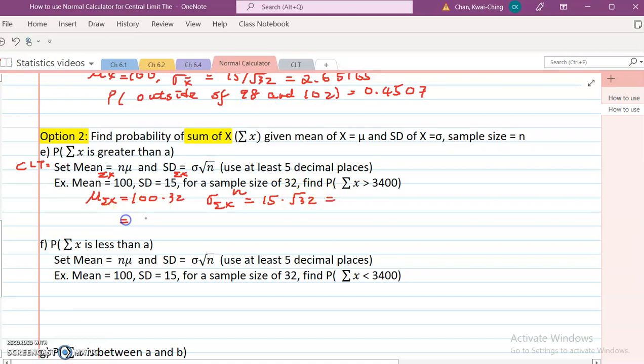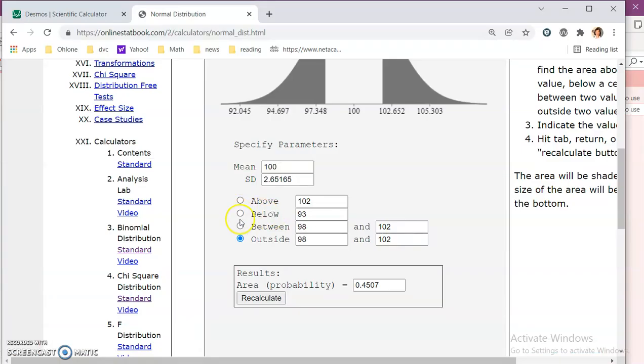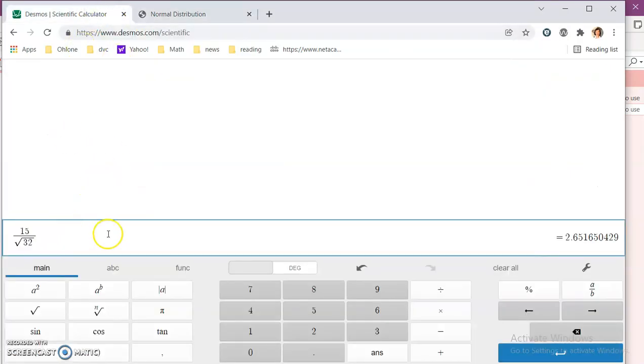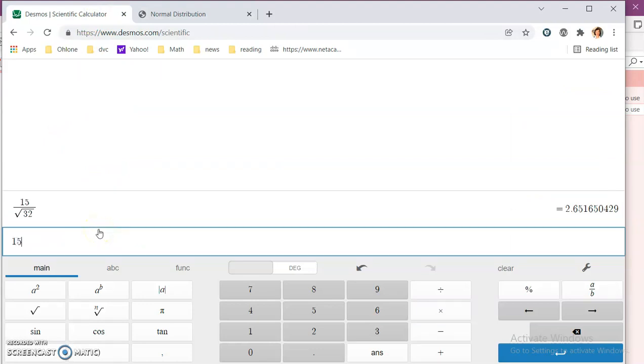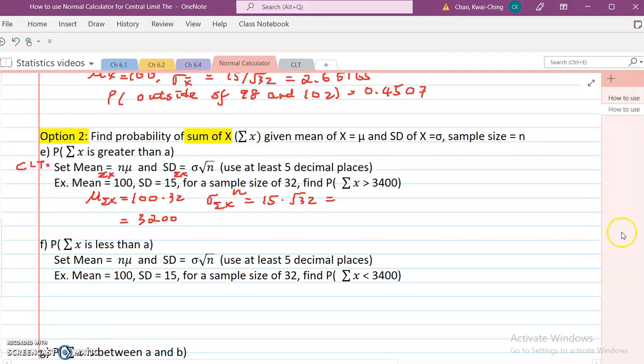So what is this? We have to calculate this. The first one would be 3,200. The second one, we'll use the decimal calculator: 15 times square root of 32 is 84.85281. Use more decimal places. Once you do that, you can do sigma x greater than 3,400.